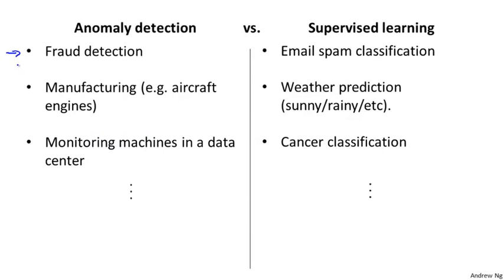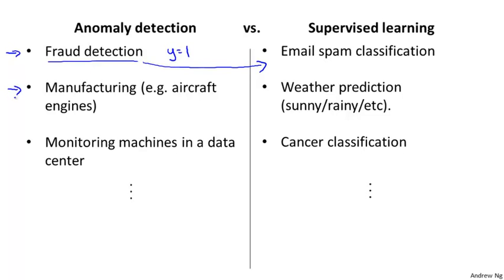I should say, if you're a very major online retailer, and you actually have had a lot of people try to commit fraud on your website, so you have a lot of examples with y=1, then sometimes fraud detection could shift over to the supervised learning column. But if you haven't seen that many examples of users doing strange things on your website, then more frequently fraud detection is treated as an anomaly detection algorithm rather than a supervised learning algorithm.